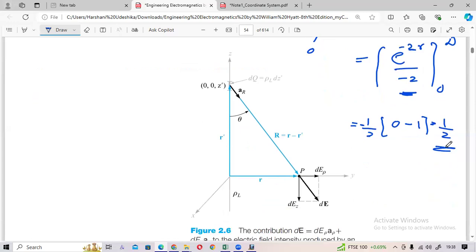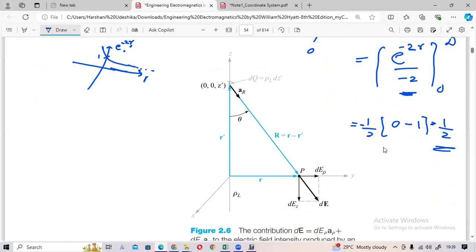Is that clear? Because this is an exponential, a minus exponential function, e to the power minus 2R. This is R. So when R is 0, this will be 1. When R is infinity, this goes to 0.